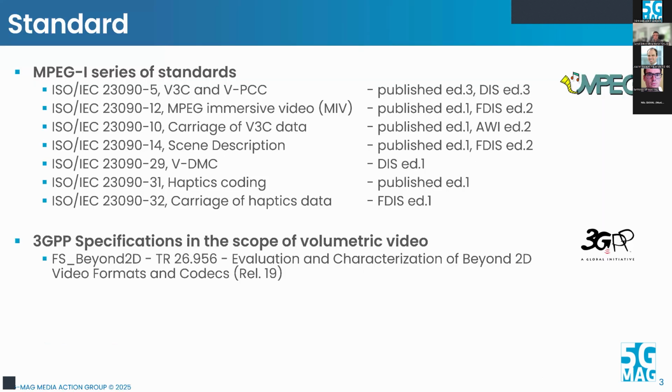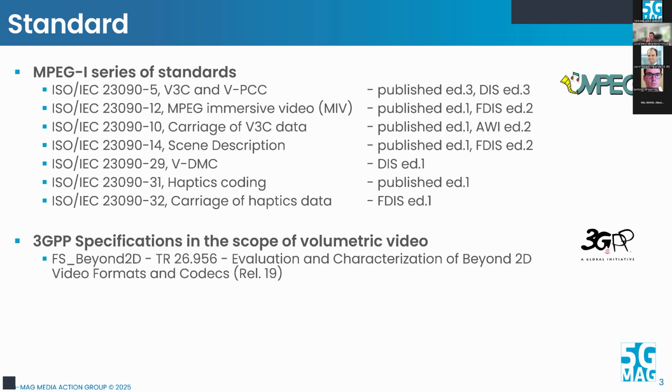The staging currently in MPEG, based on what I could find yesterday, is that for the main standards there's at least a published version, and there is progress on new editions. For V3C, edition 4 will have support for VDMC, and edition 3 has support for MIV edition 2.